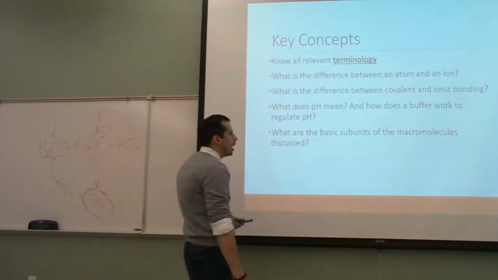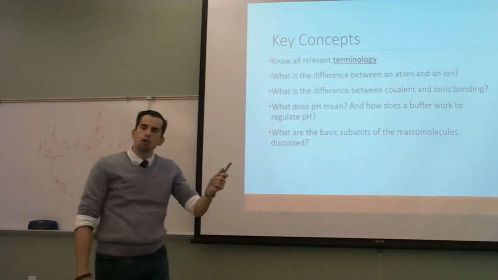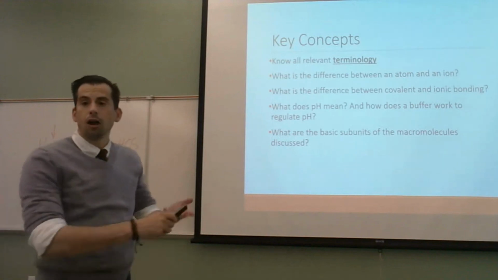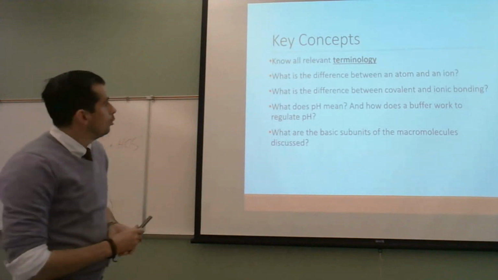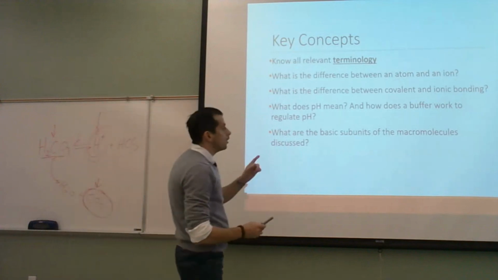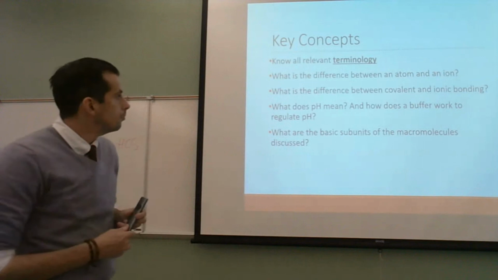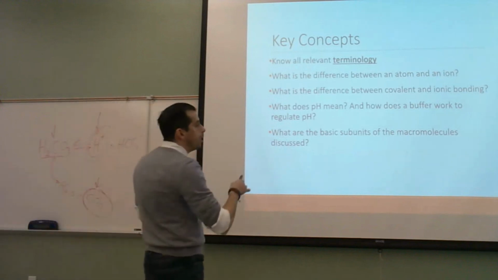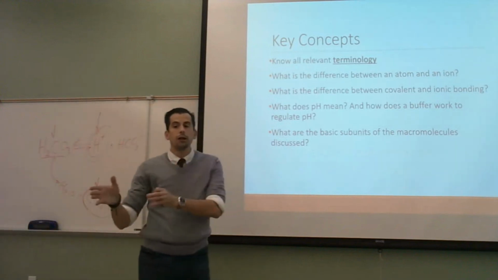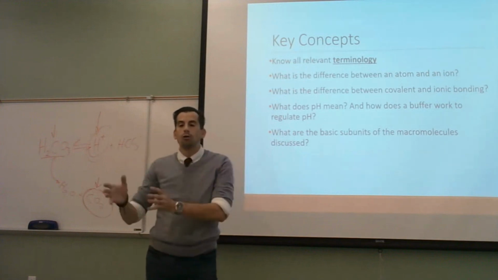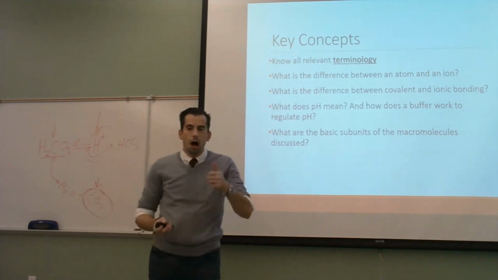So again, know all relevant terminology. You should know basic atomic structure: ions, atoms, molecules. You should be familiar with our types of bonding, particularly covalent and ionic. And where we take that information and make it directly relevant is by determining its water solubility.